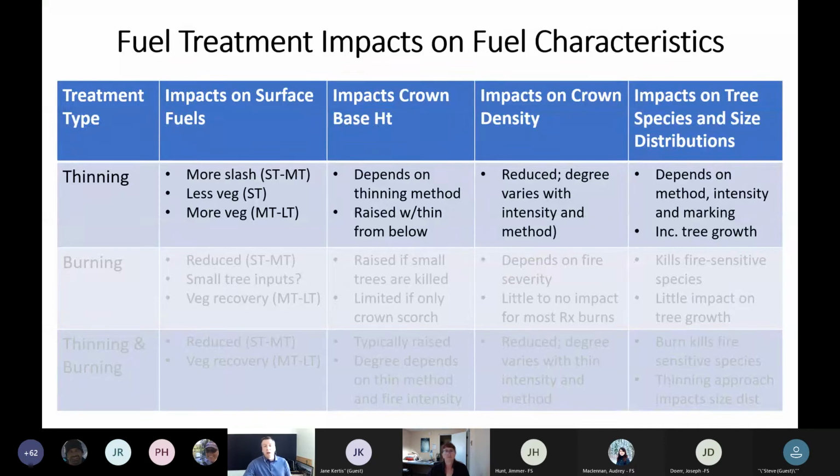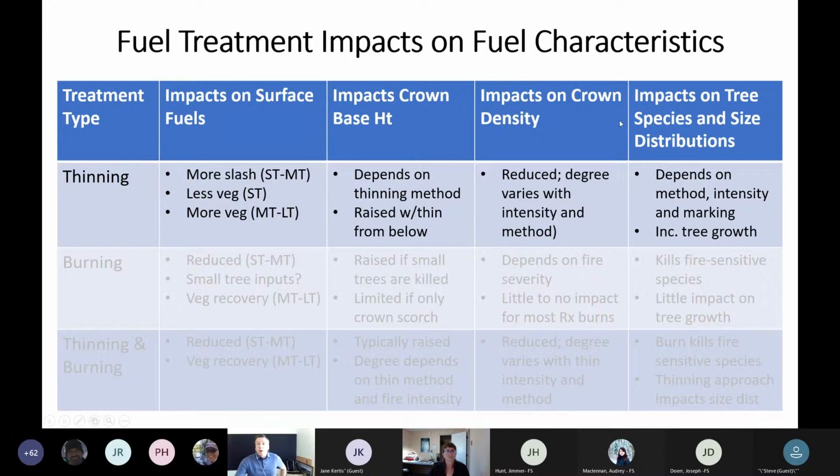But some of our other thinning methods, where we might be preferentially removing trees from the upper crown classes, like thinning from above or dominant thinning, tend to not have much of an impact on crown base heights. So our choice of thinning method really drives whether or not mechanical treatments are going to have an impact on raising crown base heights, and associated with that, an impact on the likelihood of torching.